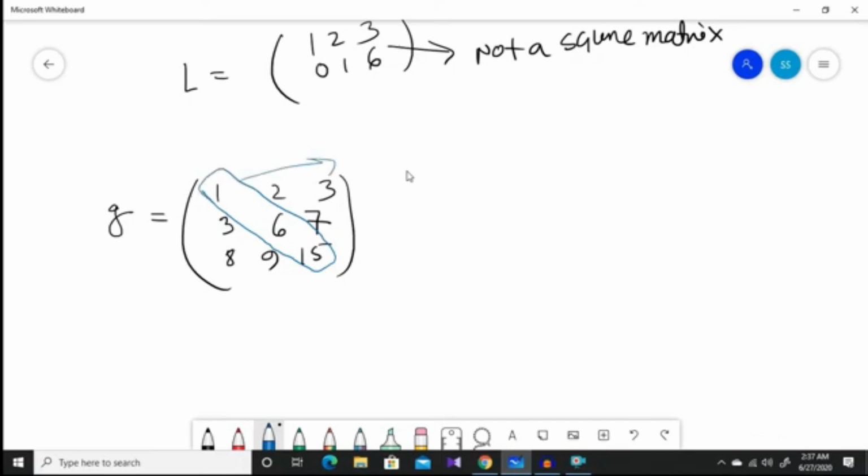This is called the principal diagonal. And the elements, that is 1, 6, and 15, that this principal diagonal carries, these are called the diagonal elements.